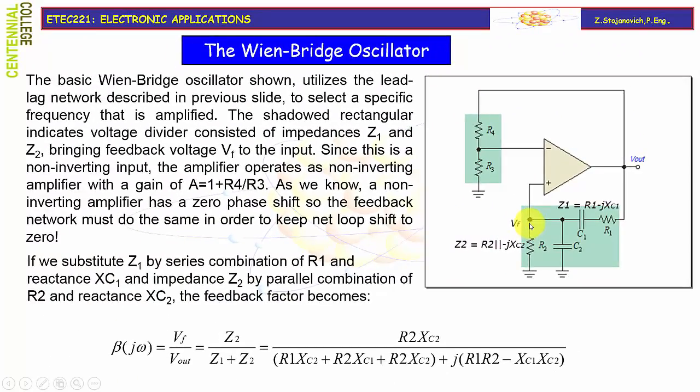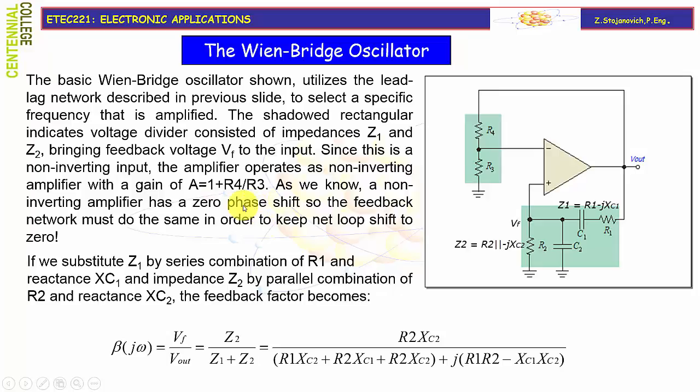Since this is a non-inverting input of an op-amp, the amplifier operates as a non-inverting amplifier with a gain of A equals 1 plus R4 over R3. You remember RF over RI plus 1 defines the gain of a non-inverting amplifier.